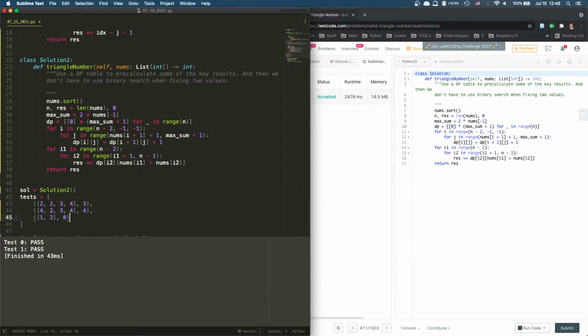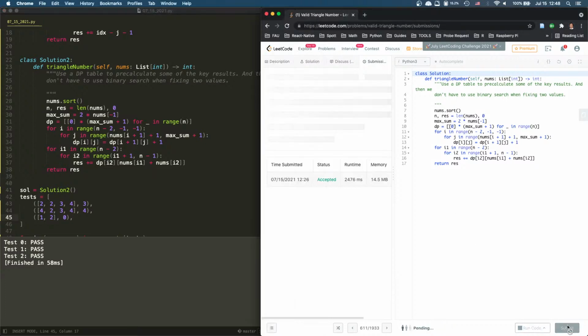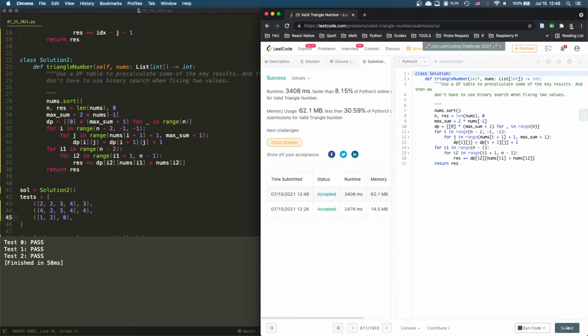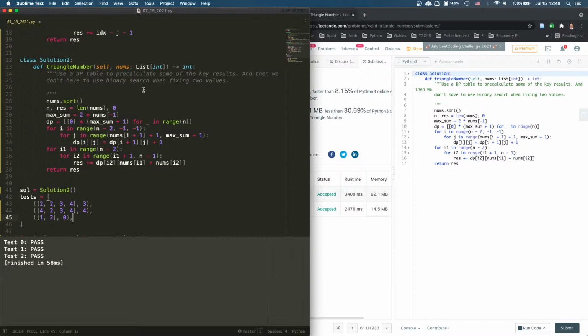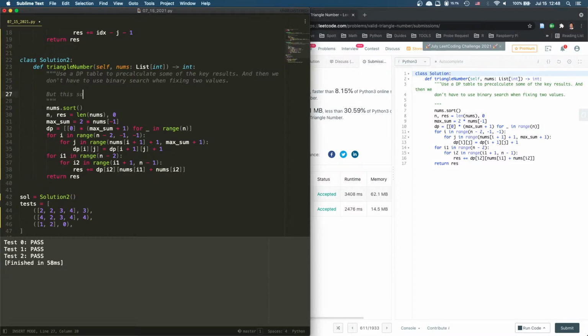That should be 0 because we don't have enough values. Yep. Alright, try this one, see how fast. Nah, it's pretty slow. It might actually be slower. Yeah, it's actually slower. No, that's not the way. This solution is slower.